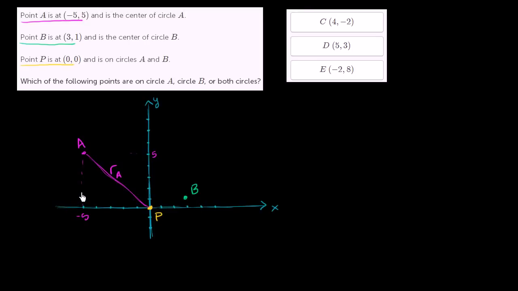And you could use the distance formula, but what we'll see is that the distance formula is really just falling out of the Pythagorean theorem. So the distance formula tells us the radius right over here, this is just the distance between those 2 points.